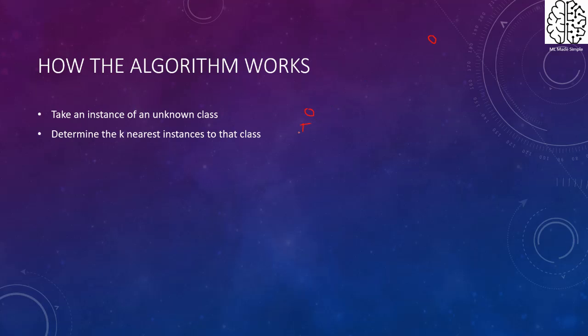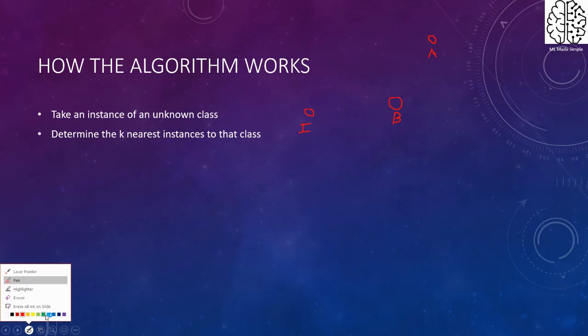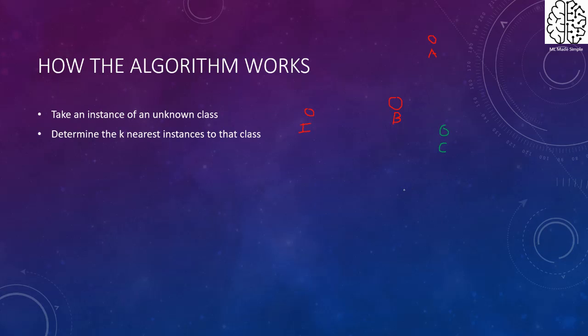This is our input, so we'll call it I. This is another instance, we'll call it A. Another one, we'll call it B. And then over here in green, we'll say instance C and instance D. So this algorithm says: from I, which are the k nearest instances to this one? And k is of course just a variable, which we can use in our tweaking stage of the machine learning lifecycle.